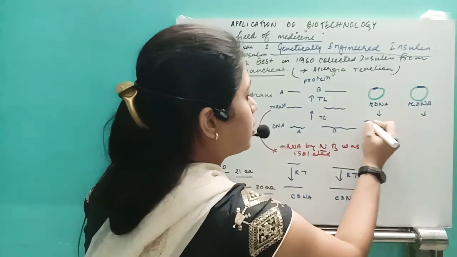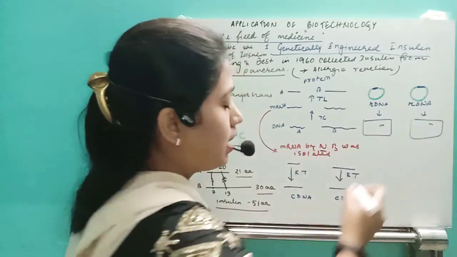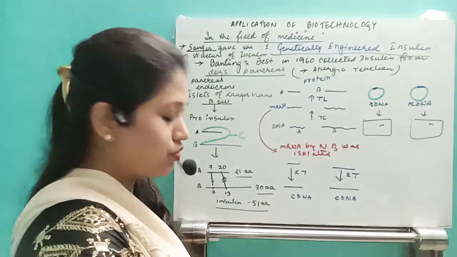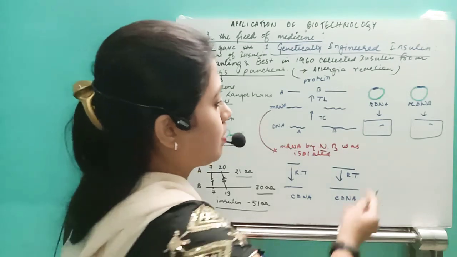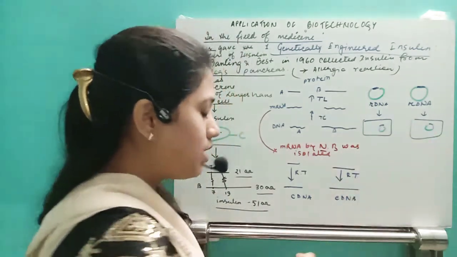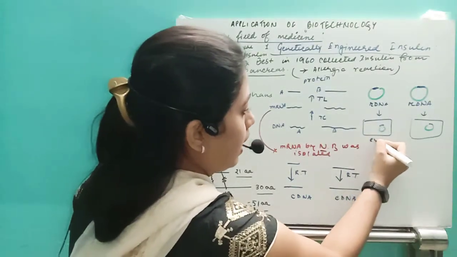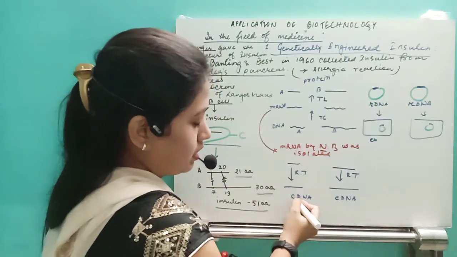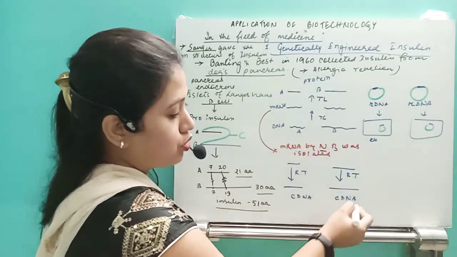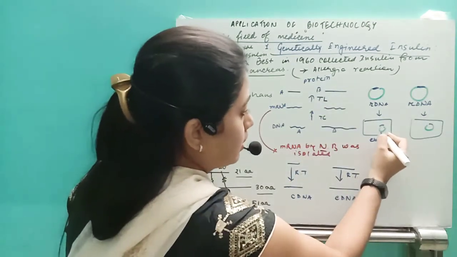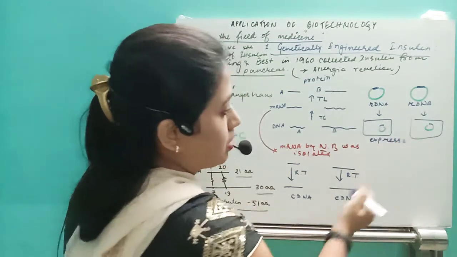It will be introduced into the E. coli. Whenever they start to express inside the E. coli, it produces the protein, right? So it was introduced into separate E. coli, and inside the E. coli it starts to express. So the A polypeptide producing cDNA and the B polypeptide producing cDNA were inserted inside the E. coli, and both of them start to express.